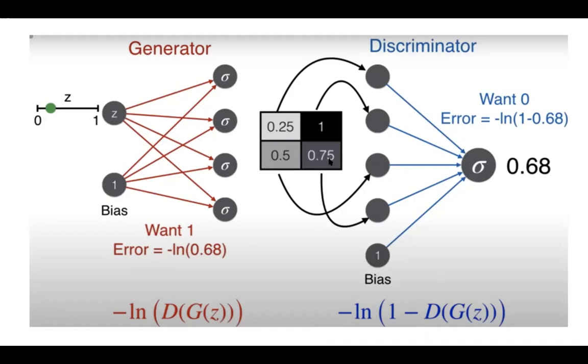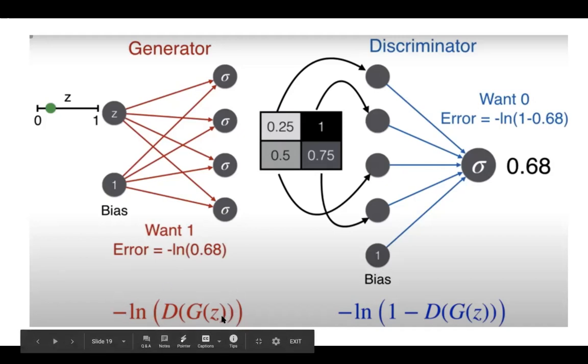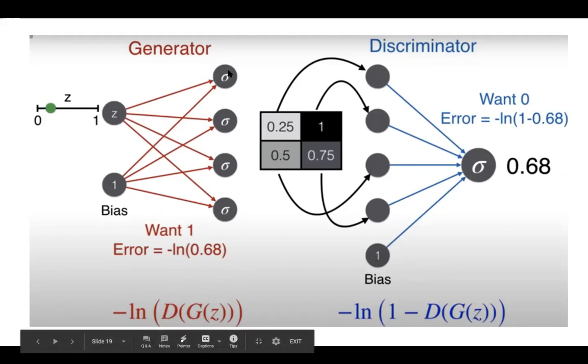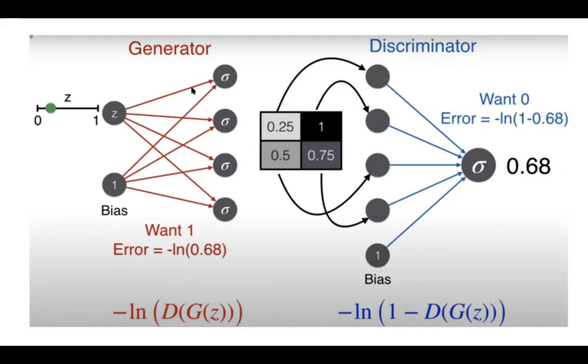On the other hand, the generator is also improving itself. So how does it do that? It has the generative loss, which is different from the discriminator loss. Here the error is minus ln of 0.68. And again, for each of these connection weights, 1, 2, 3, 4, 5, 6, 7, 8, it wants to know, if it increases this weight by just a little bit, how would this D of G of z change when each of these weights increases or decreases by a little bit?